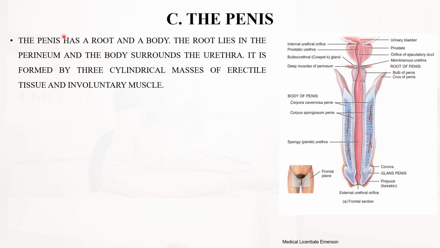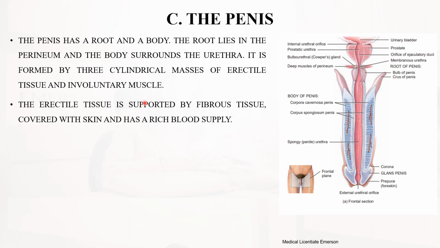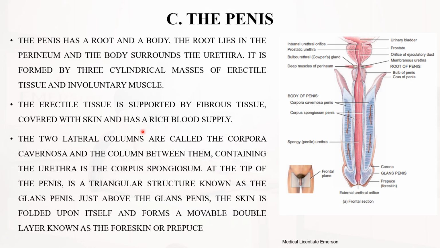So the penis has a root and a body. The root lies in the perineum, and the body surrounds the urethra. It is formed by three cylindrical masses of erectile tissue and involuntary muscle. The erectile tissue is supported by fibrous tissue, covered with skin, and has a rich blood supply.